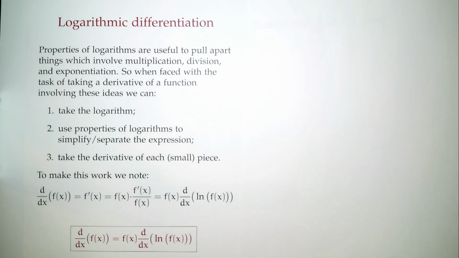In particular, logs have these two beautiful properties: multiplication can pull apart, and if I have exponents, I can bring them down. So oftentimes, if we have a condensed expression where there's lots and lots of stuff multiplying and dividing in one term, if we take the log, it pulls it apart.